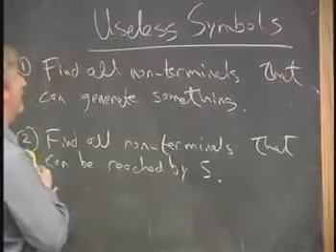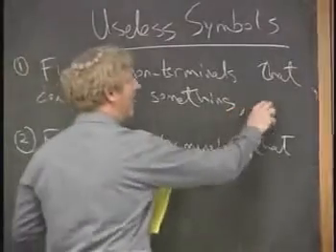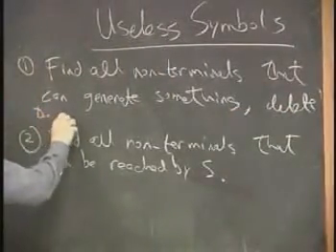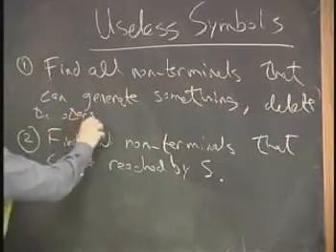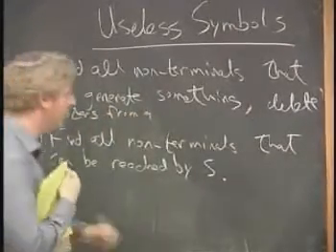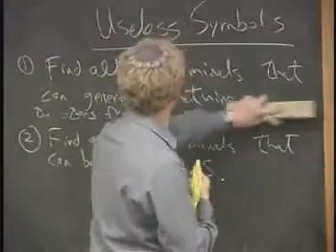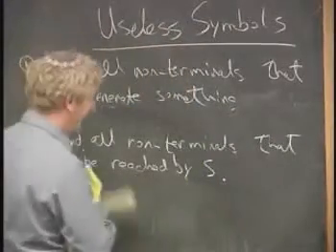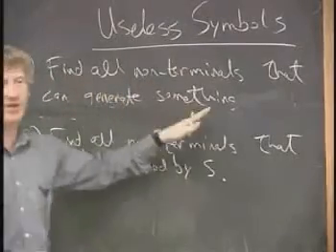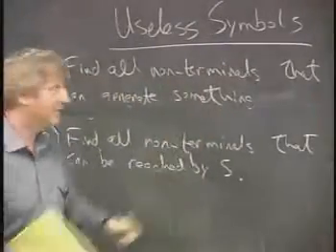So I should say find all non-terminals that can generate something and delete the others from the grammar. Write your own notes here. I'll tell you what I mean, and you can write it. Find all the non-terminals that can generate something, and keep those.